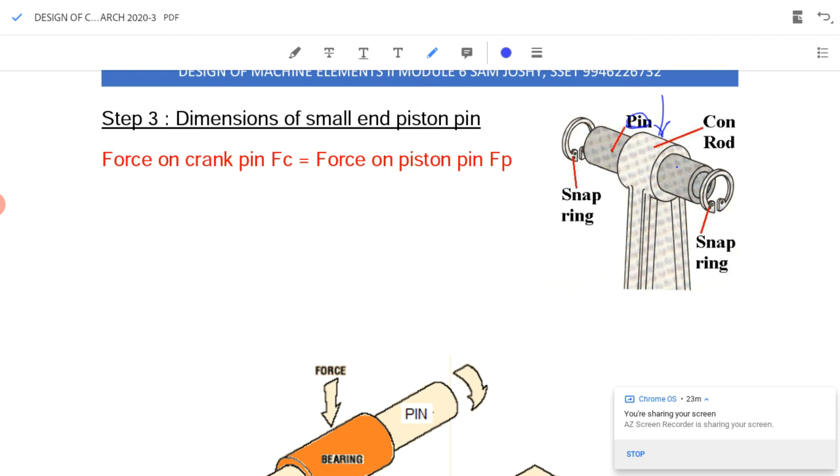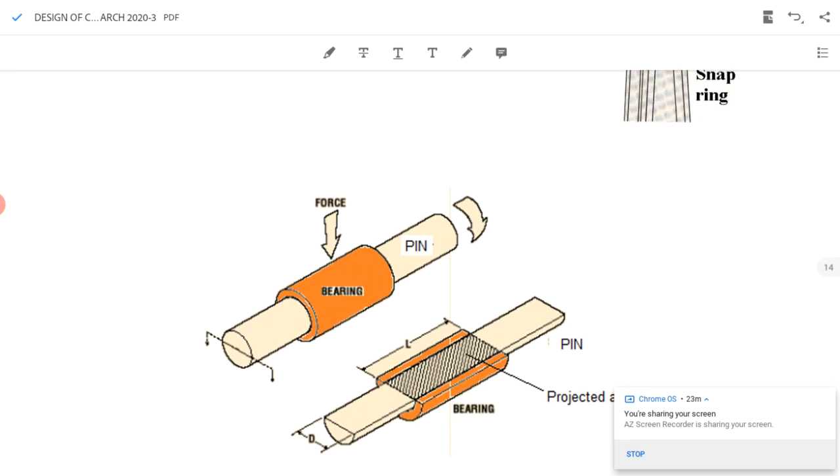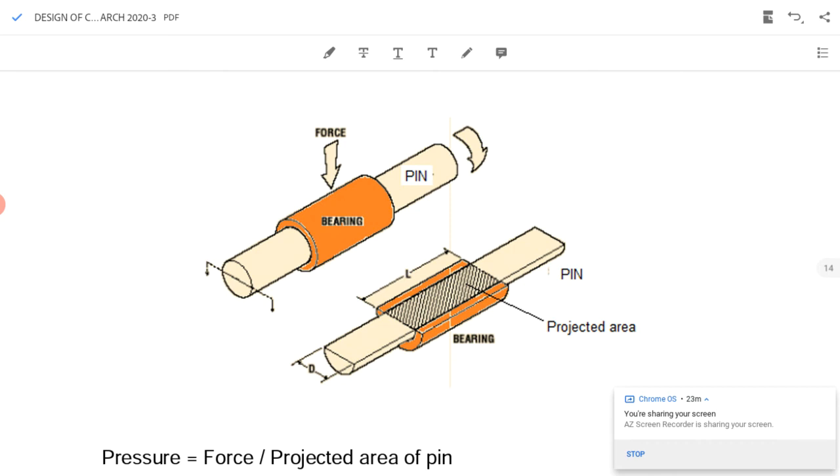Yes, we can see the pin having a cylindrical section. Now, the force does not act directly, it acts through the bearing. The bearing exerts a force on the pin, and the pin is having a curved surface. So, it will have a bearing pressure.